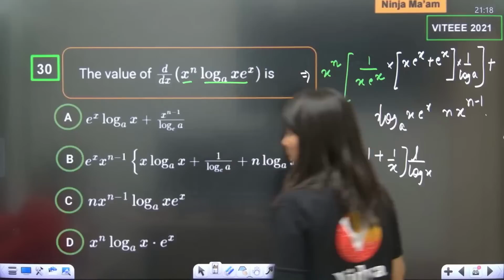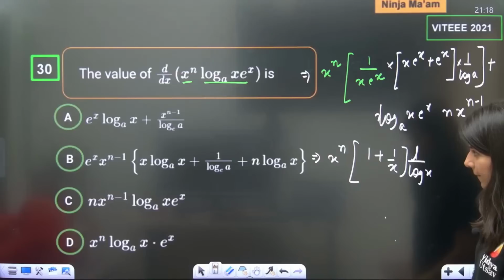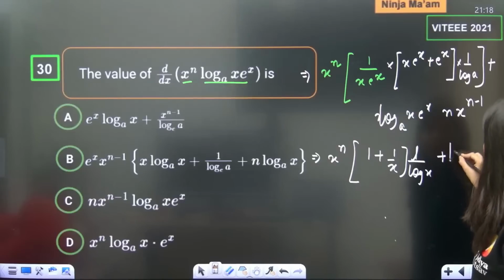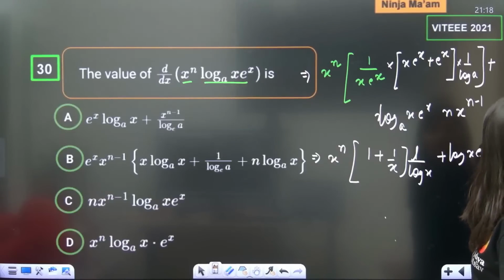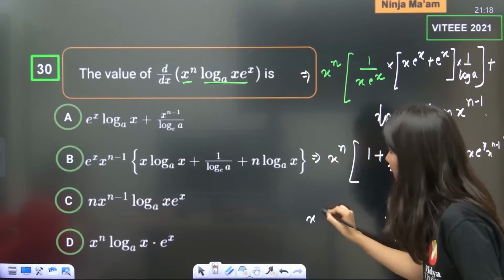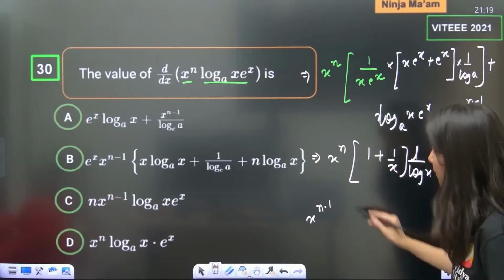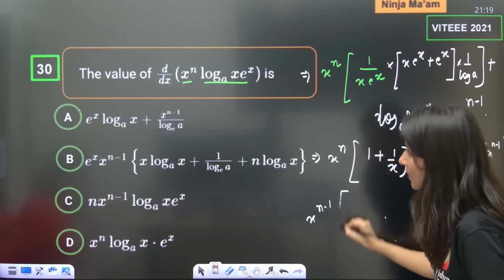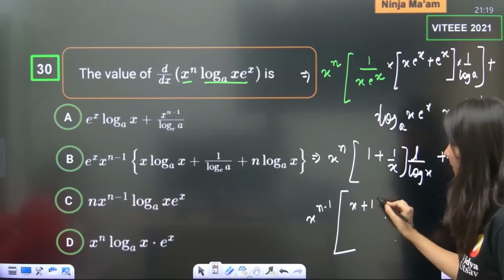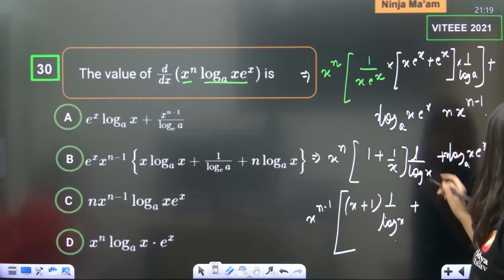So again, if you try to do that, see, this is plus times, this is what? Again, log x e power x, and this is n x power n minus 1. See, if you take x power n minus 1 common, what do I get? This is x plus 1. This is 1 upon log of x plus, x power n minus 1 is gone.